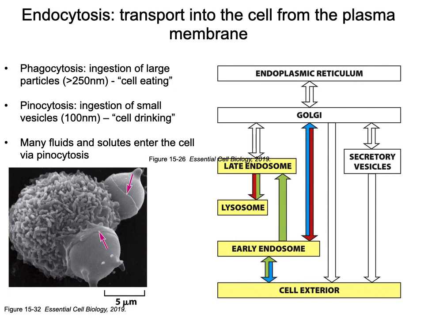there's specific terms depending upon what cell is doing it and what material is being taken up. So again, endocytosis is this general term. Phagocytosis is when large particles are being taken up, and this is usually a term that's used with immune cells. So white blood cells, leukocytes, they can undergo phagocytosis.